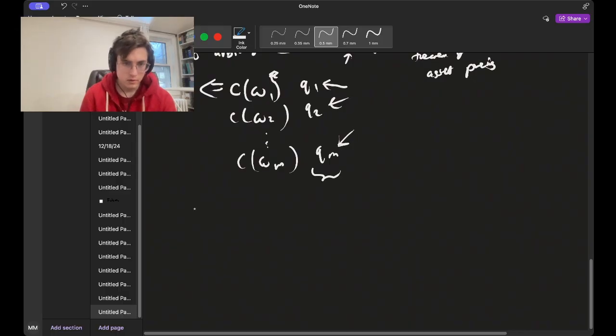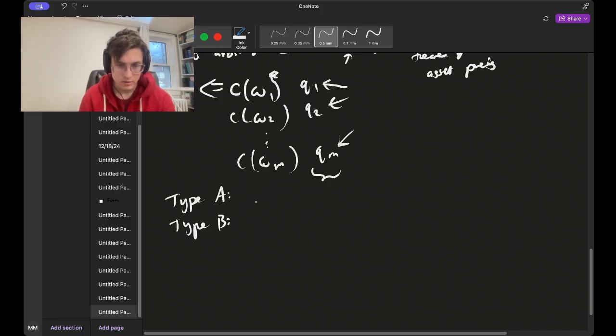To prove that there's no arbitrage, you have to consider the two types of arbitrage. Last time we talked about this in a rough sense, and this very similarly follows the discrete case of no arbitrage, but now we're talking about probabilistic, so it's slightly different.